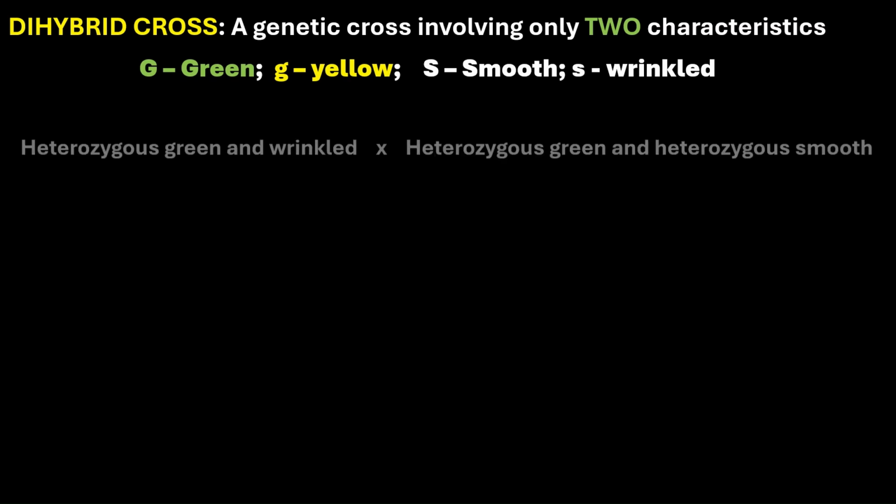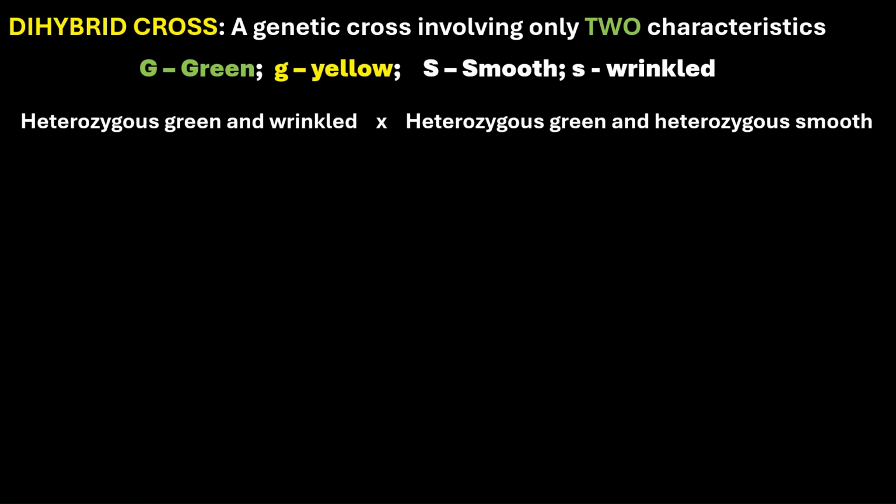So here we are being told heterozygous green and wrinkled, and heterozygous green and heterozygous smooth. So we have two parents. One is heterozygous green and wrinkled. The other one is heterozygous green and heterozygous smooth. So let's produce the genotype for these two parents. Remember, the first parent has a heterozygous green phenotype, right?